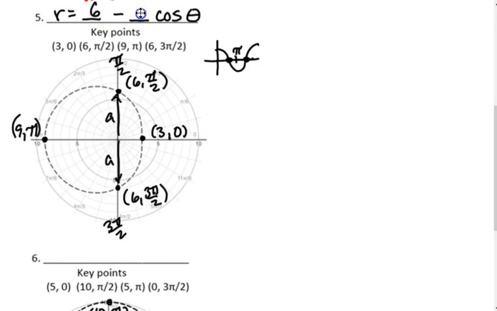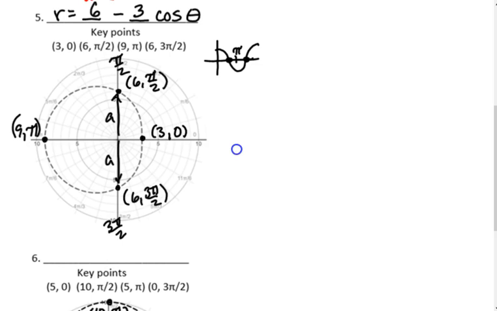These two numbers added together have to give me my biggest value, and the difference of them has to give me my smallest value. I can see that 6 plus 3 is 9 and 6 minus 3 is 3.